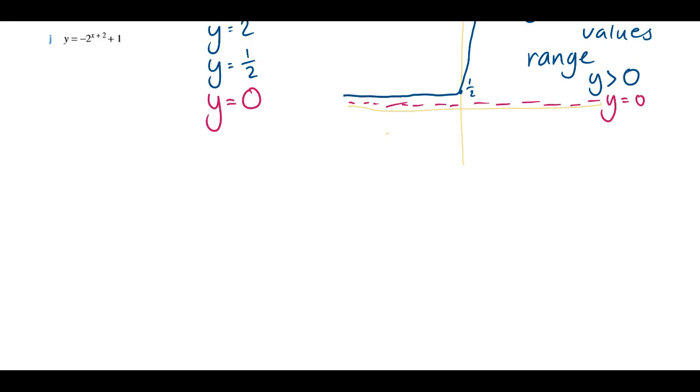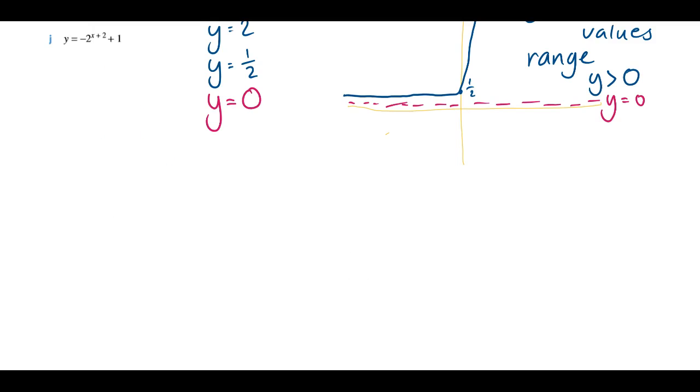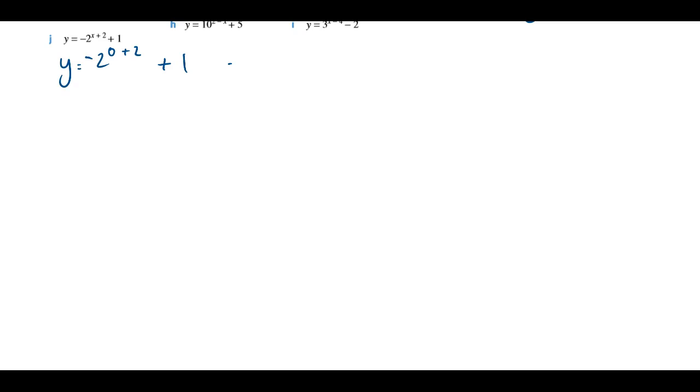Okay, so assuming that you've had a try, the first thing that we do is just find the y-intercept. And that's when x equals 0. So I'll just rewrite it. I'll get rid of previous stuff. Minus 2 to the 0 plus 2, plus 1, y equals.